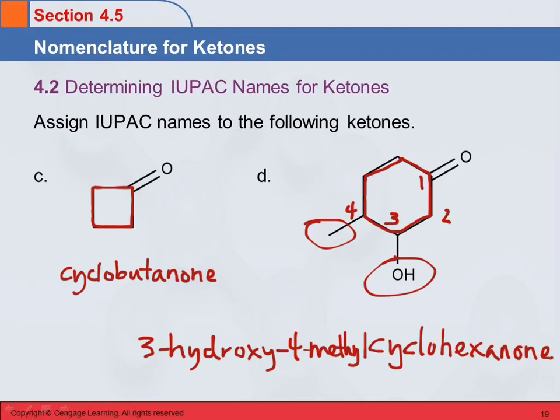But I dare you, go home and look at your bottle of shampoo, and I bet you're going to recognize some of these prefixes. We just say the prefixes and suffixes, one after the other, and we can pronounce the whole silly thing. 3-hydroxy-4-methylcyclohexanone. This sounds very impressive.